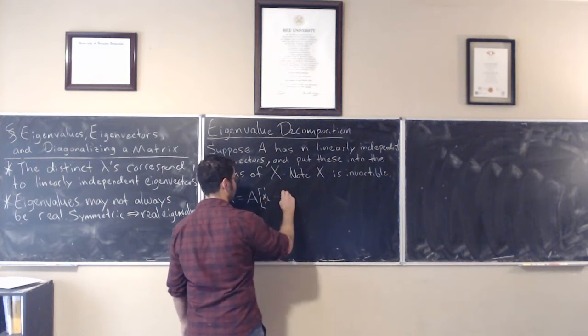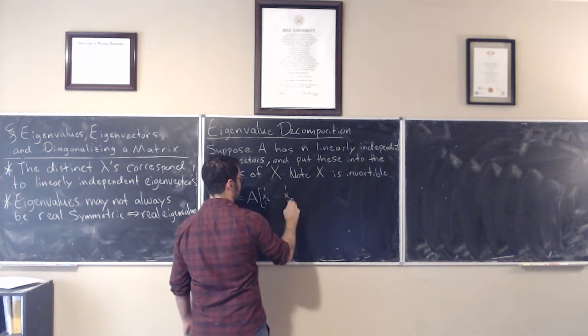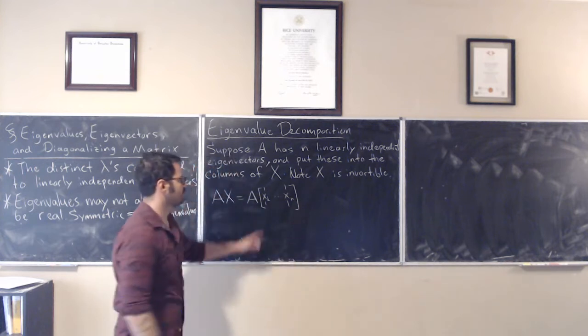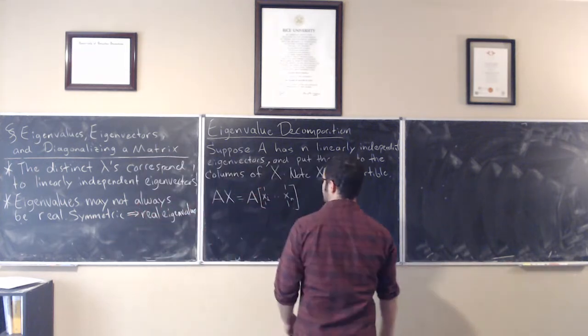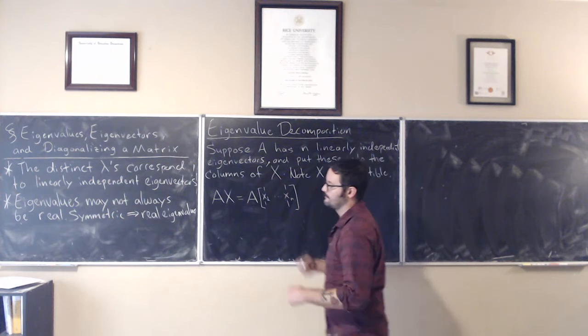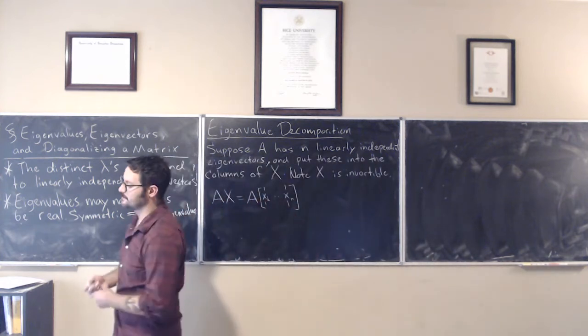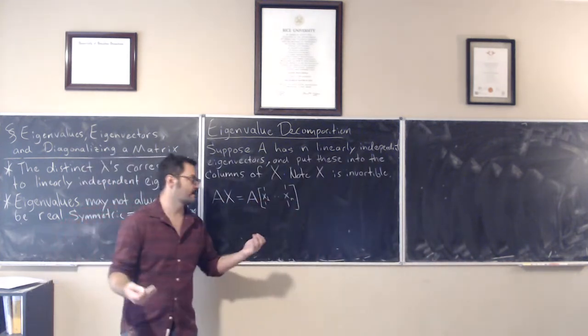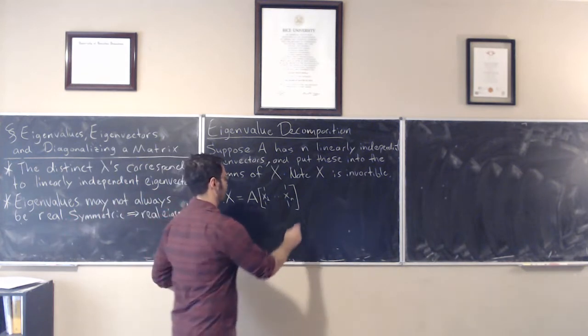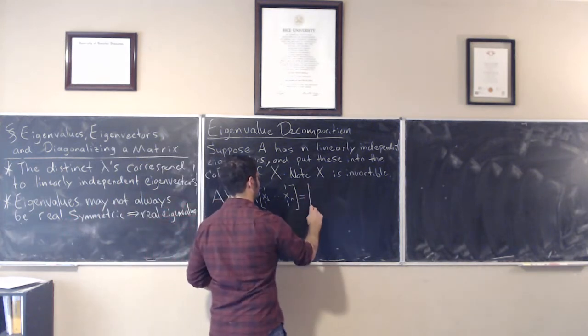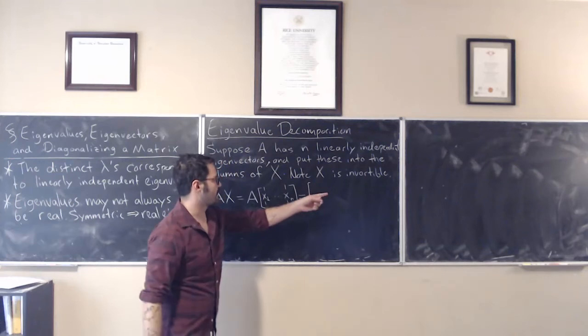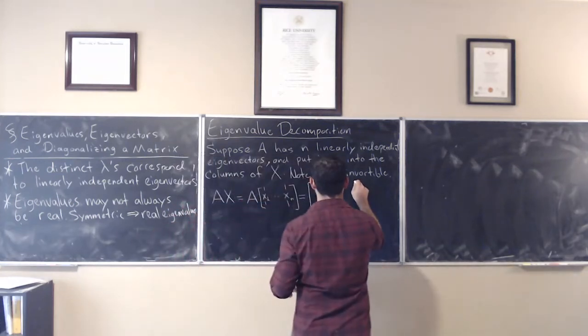So these are columns, the n linearly independent eigenvectors of A. So how do we build the columns of the resulting matrix?